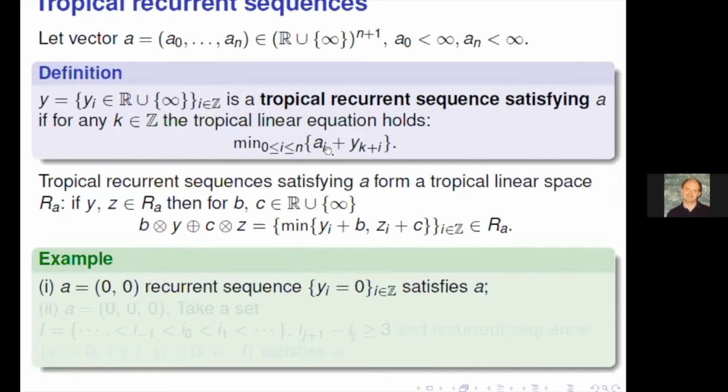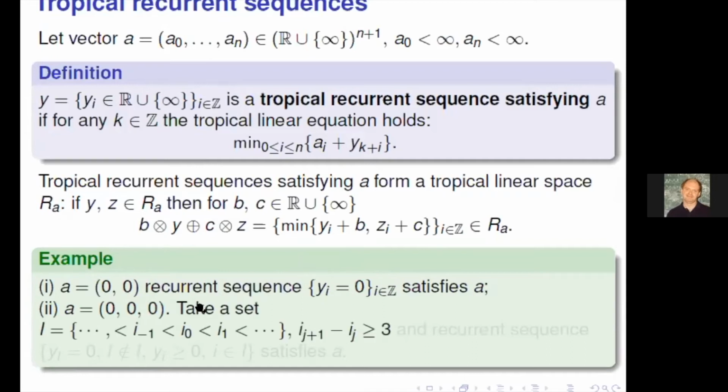Because in this case, this condition determines the next term uniquely. If you consider the vector A of now 3 zeros, then the situation is more complicated. Then there are much more tropical recurrent sequences.